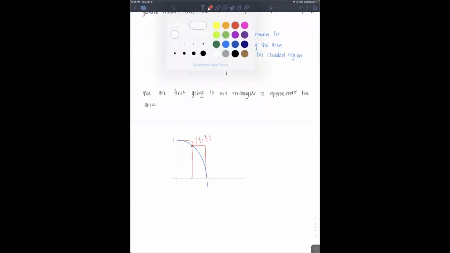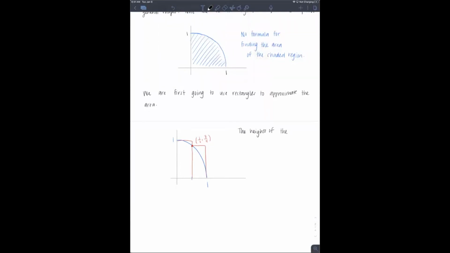What we're going to do, so the heights of the rectangles are the max heights of the curve on that interval.